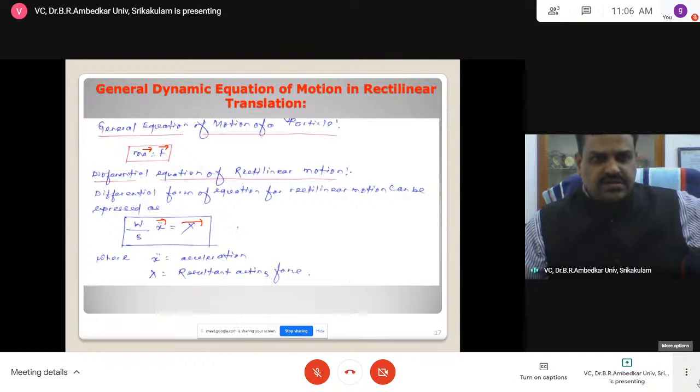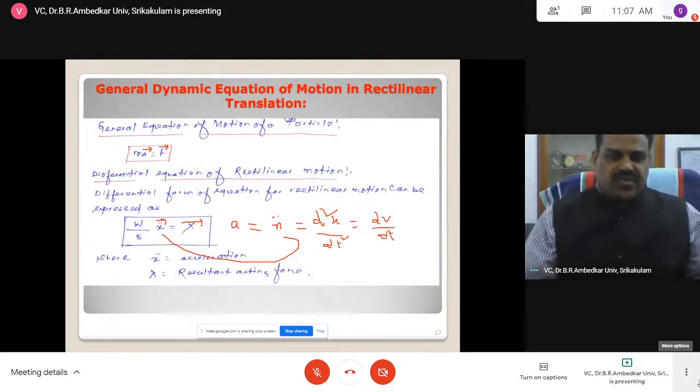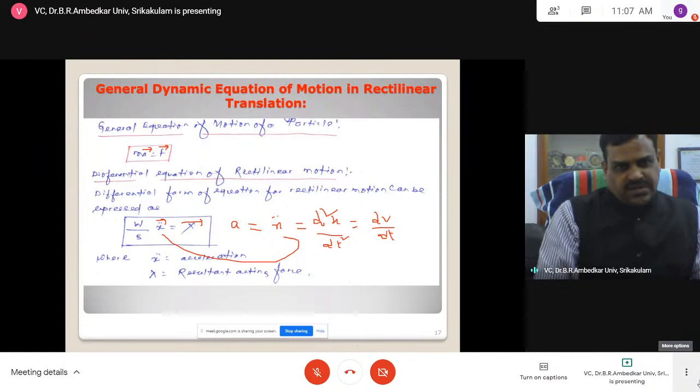Only this acceleration a, we can write as x double dot like this, or we can write as d square x by dt square, or you can write as dv by dt. x double dot is the acceleration, and x is the resultant force.